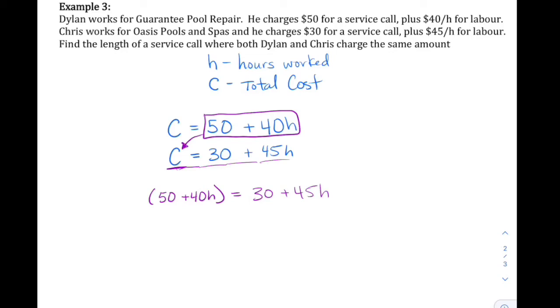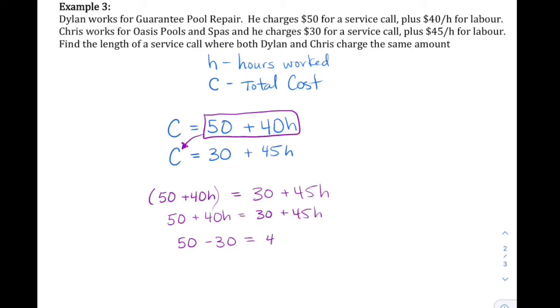Now, if you look at what we've got there, now we only have one variable, h. And now I need to get all my like terms onto one side. So I'm going to remove those brackets. Bring all my like terms to one side. So I'm going to have 50. 30 is coming to the left side, so I'm going to subtract, right? This one came over here to the left.